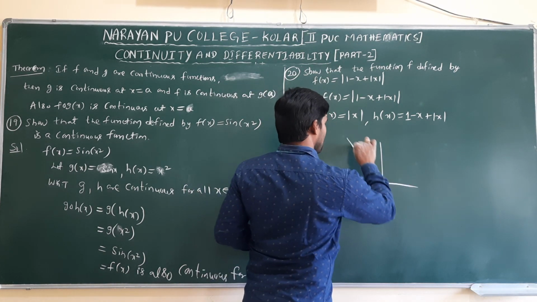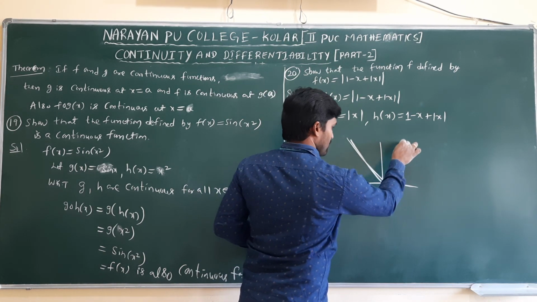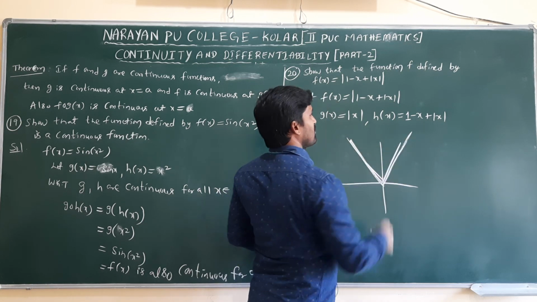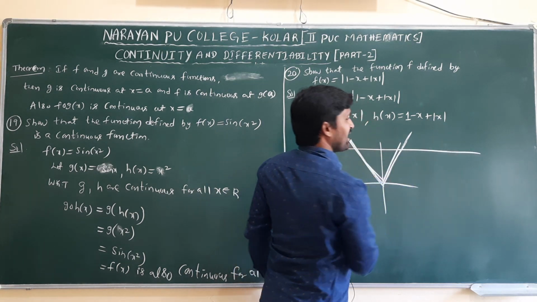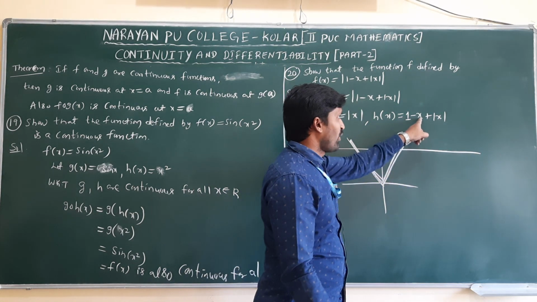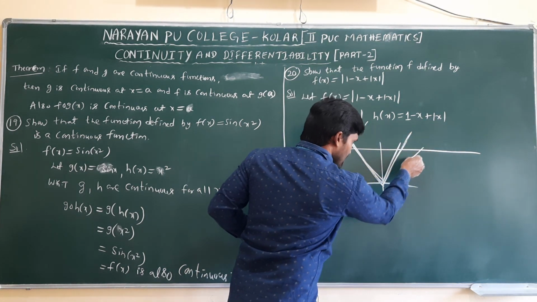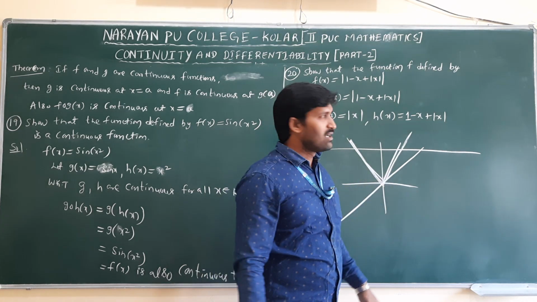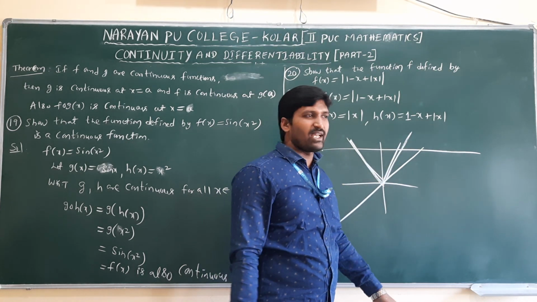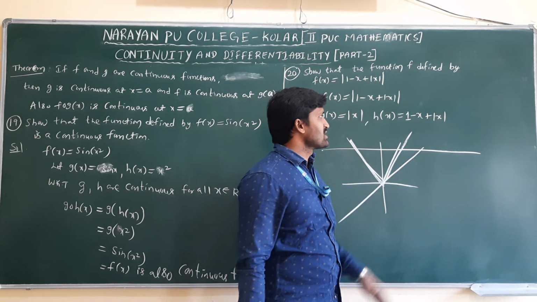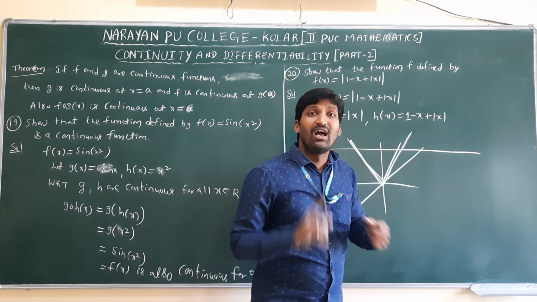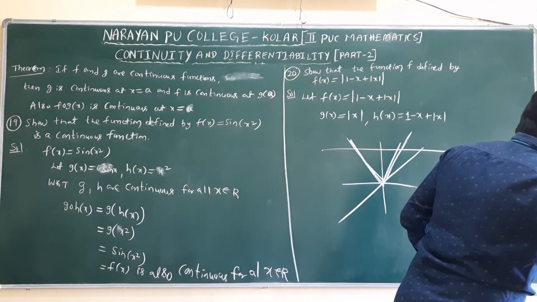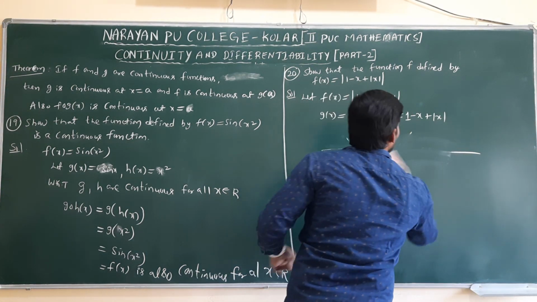Reason, the graph what you will get like this, no breaks. 1 is a constant, constant is always a line, continuous. y is equal to x is a line, always continuous. Mod x again continuous. That's why when the three functions are continuous, sum or difference or multiple or division of functions is also continuous. That's why from that concept I am writing here directly.